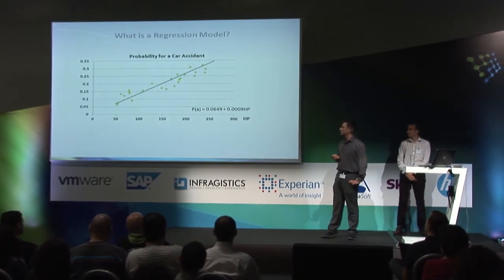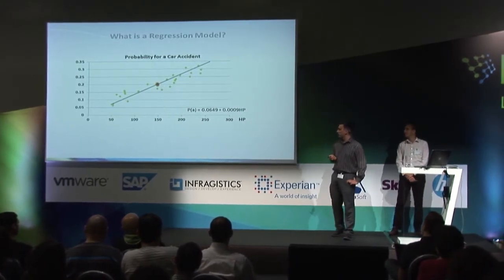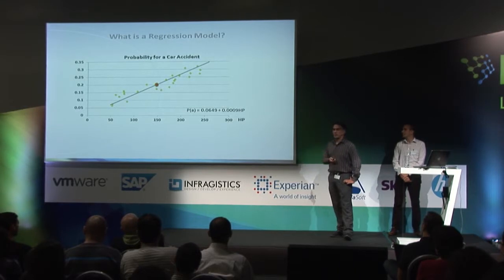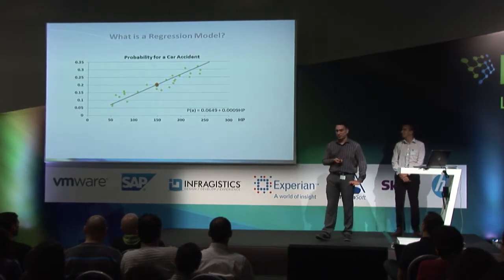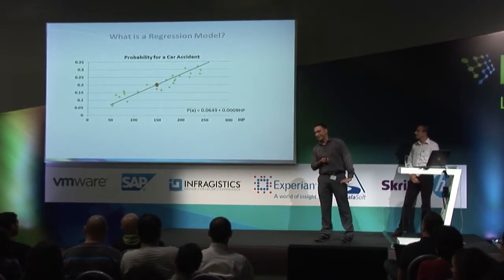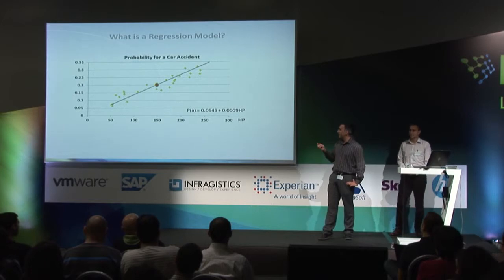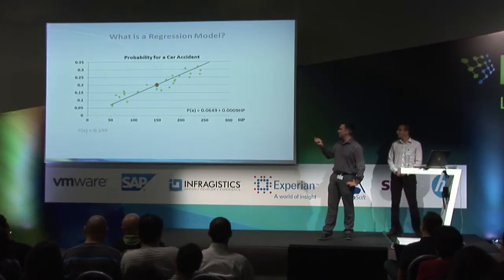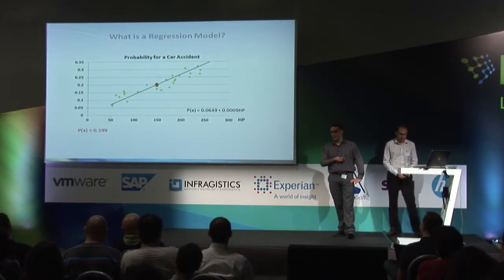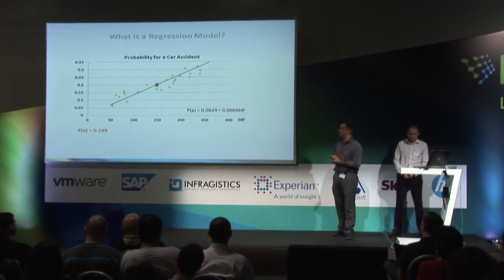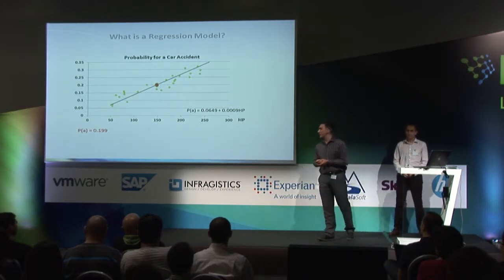Suppose you come in to the car insurance company, and you have a car with a horsepower of 150, quite popular, because you pay lower taxes in Bulgaria for a car with 150 horsepower. And this formula straight away evaluates what the probability of an accident would be. It's about 20%.